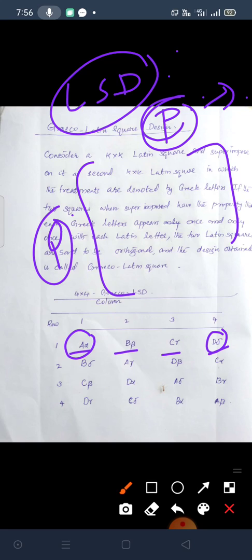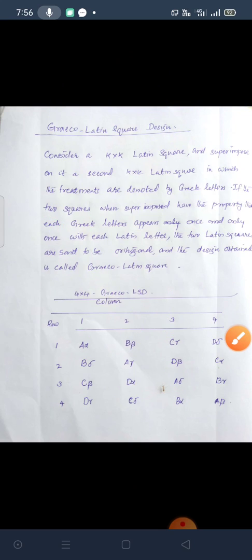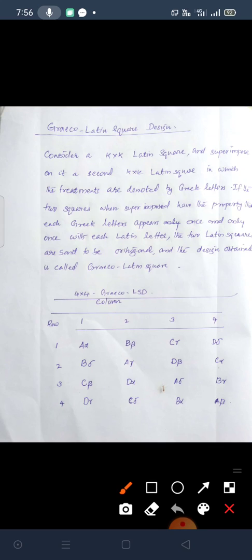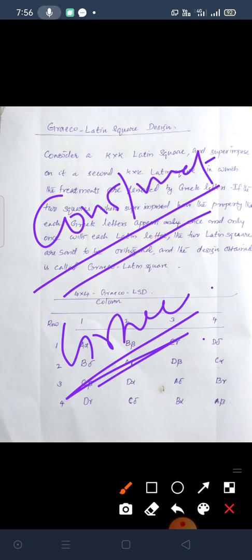In Graeco Latin square, a third one, suppose this is alpha, beta, etc., is another factor, and the third source of variation can also be eliminated. So this is an improvement over LSD. That is the idea of Graeco Latin square. So remember how to construct a Graeco Latin square.